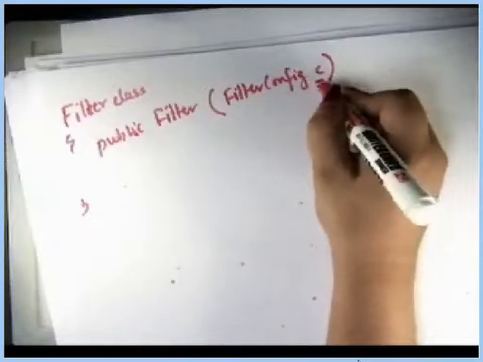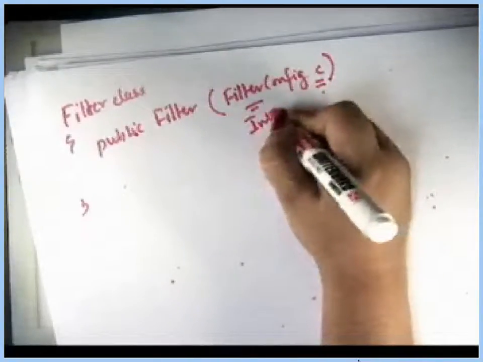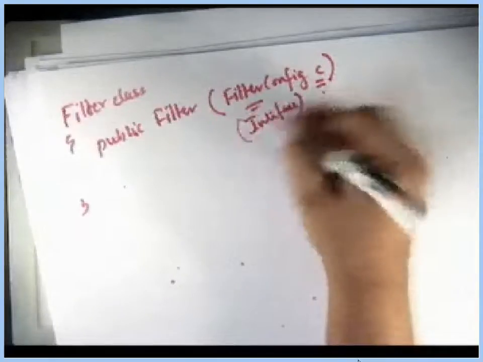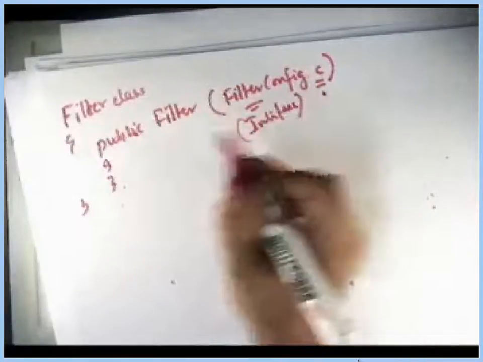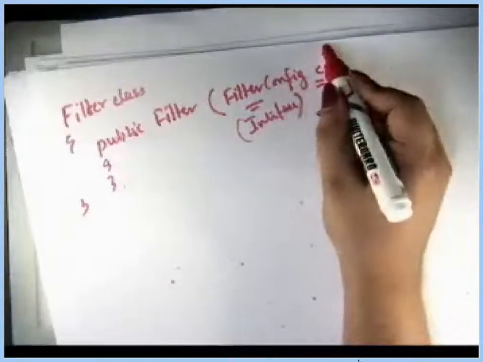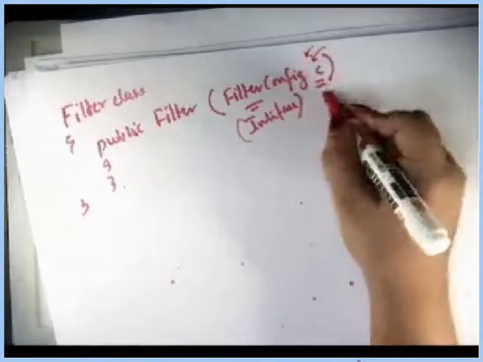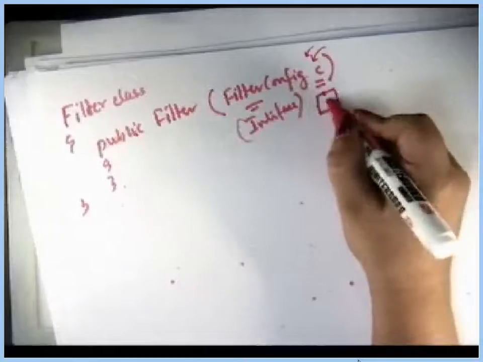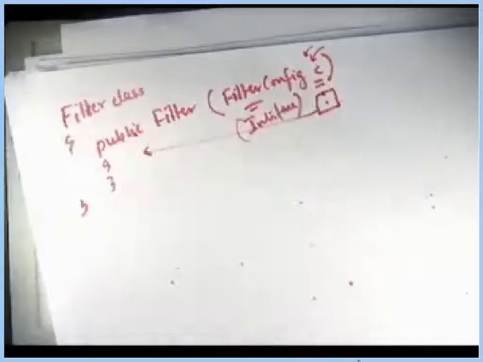Let's say this is an object of type interface. This is an interface whose object is this. So what we can do is get really loosely coupled objects here in this variable, and later on utilize this variable in my filter.